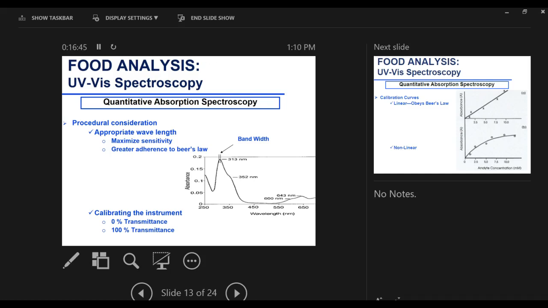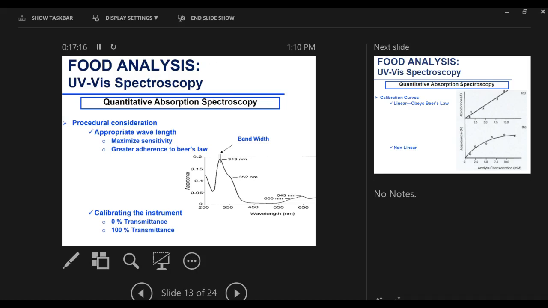And then usually the bandwidth has to be narrow, and you can control that in your instrument. You can control the bandwidth with the opening that allows the light, the wavelength, to go in. The narrower it is, the narrower the range of wavelengths that can go through, and the more sensitivity you get with the maximum absorption.